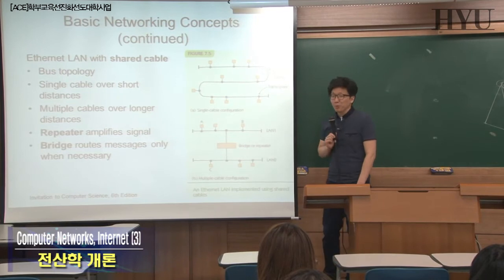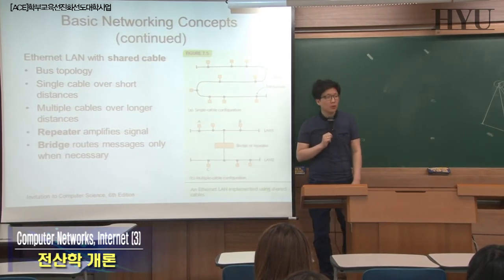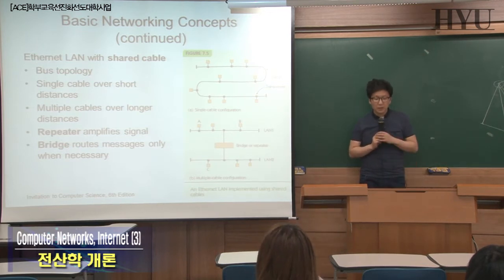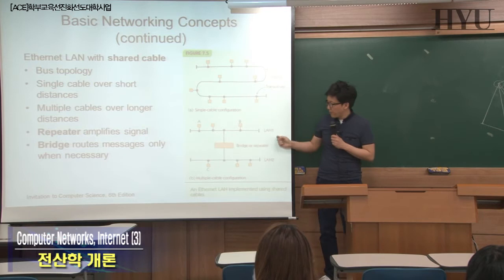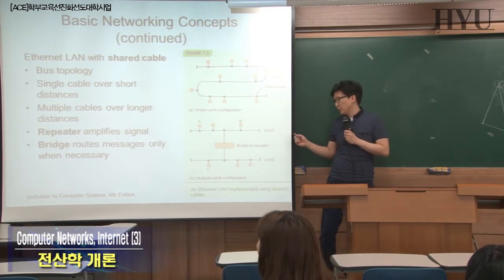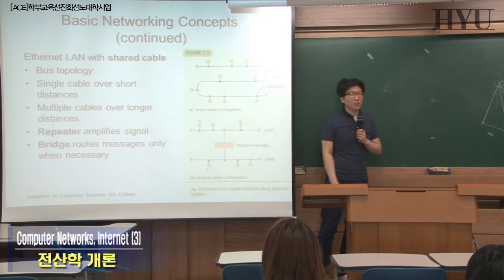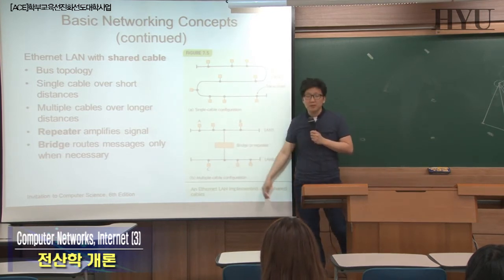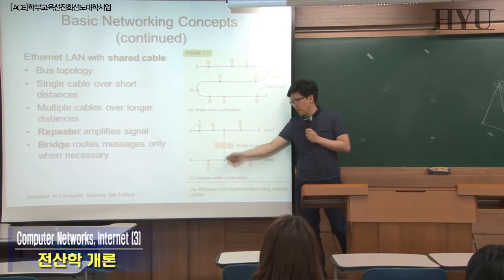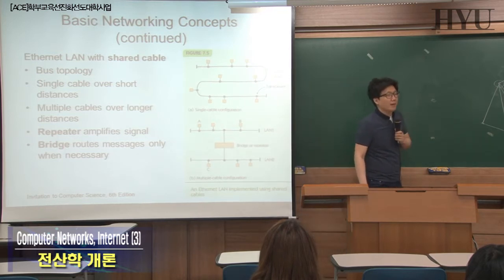And most of the current LANs, local area networks, are usually separated and maintained in two separate modes by using something called a bridge. There is some device in the middle that connects the two. So if the device has a problem, then there will be no connection between these two LANs.